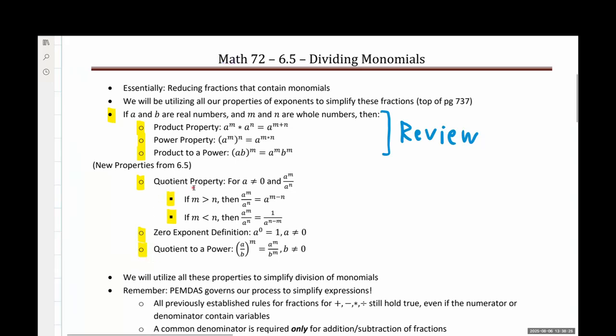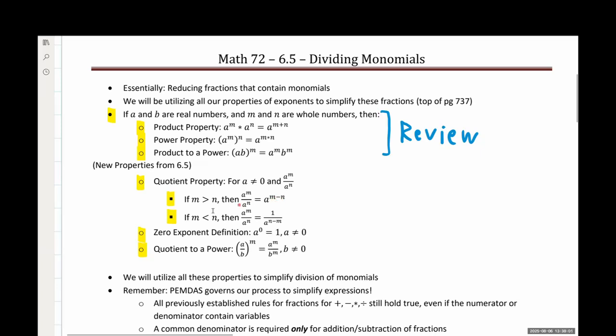So the quotient property, there's a few ways you can think on this. And at the end of the day, we want to think on which part of the fraction, the numerator or the denominator, has the bigger exponent attached to it. So what it states is if the numerator has a larger exponent attached to it, so in this case, a to the m is bigger than a to the n, then the result is going to go in the numerator spot, and I'm just going to subtract the two exponents together.